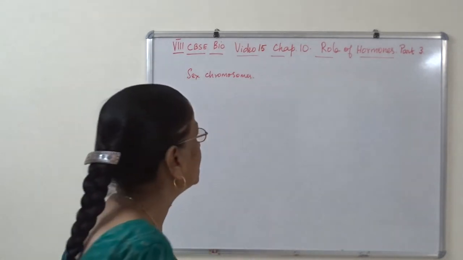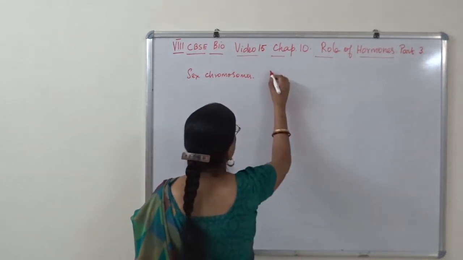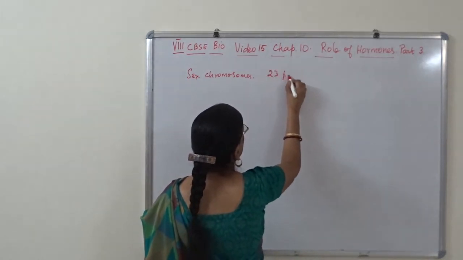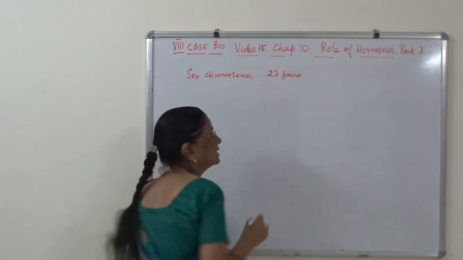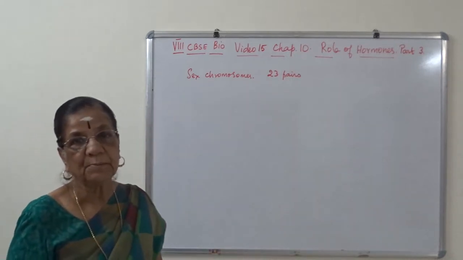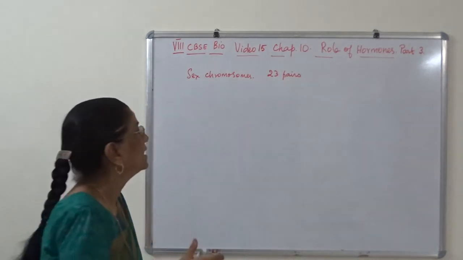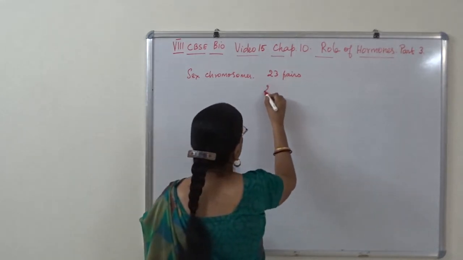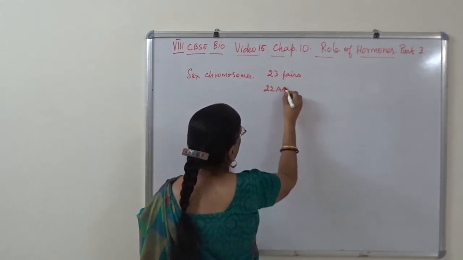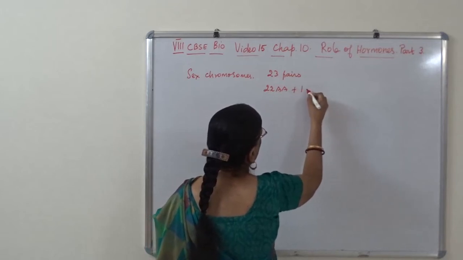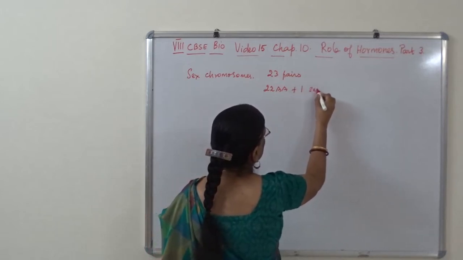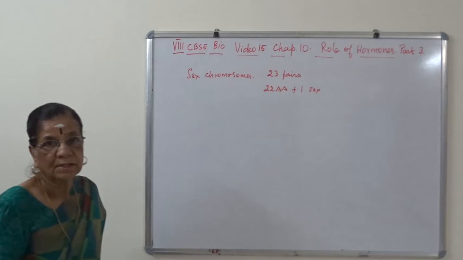Now in humans, there are 23 pairs of chromosomes, with 22 pairs as autosomes and 1 pair as sex chromosomes.